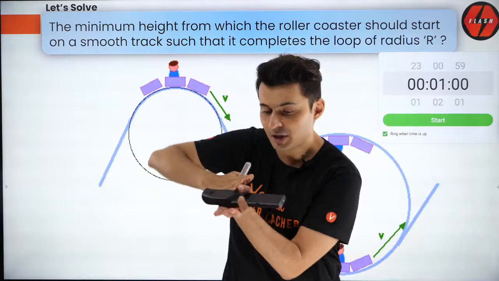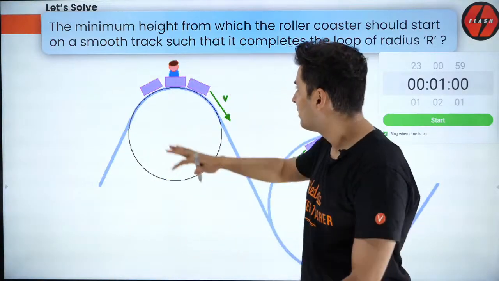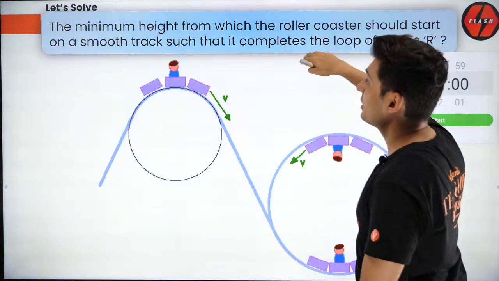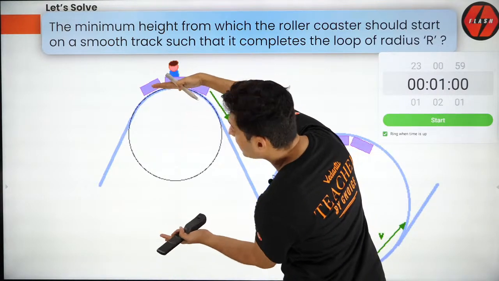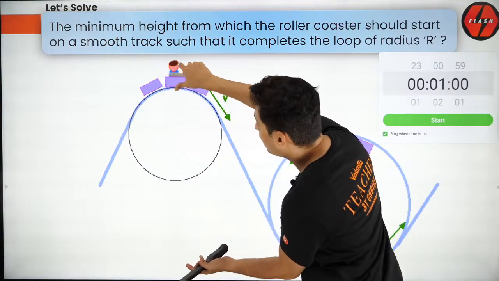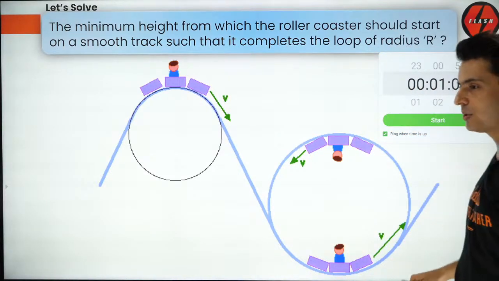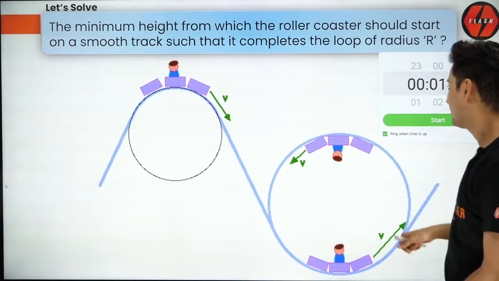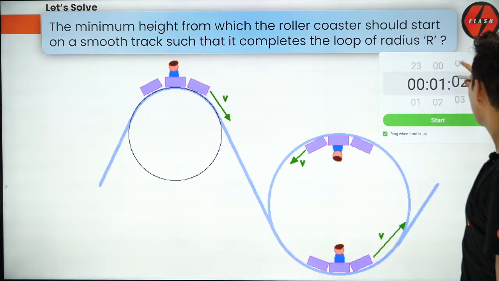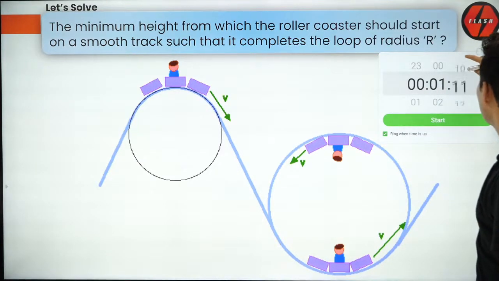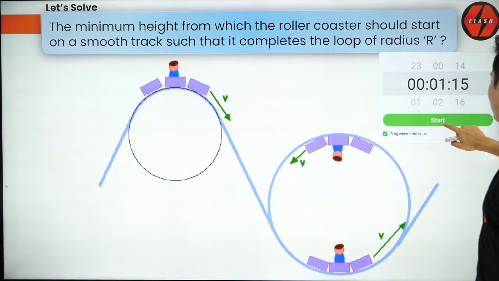It's just resting on a track, and assume that the track is smooth. The question is, what is the minimum height so that when you leave it, it does not lose contact anywhere? Let's see how many of you get this. I'll give you 1 minute and 15 seconds.